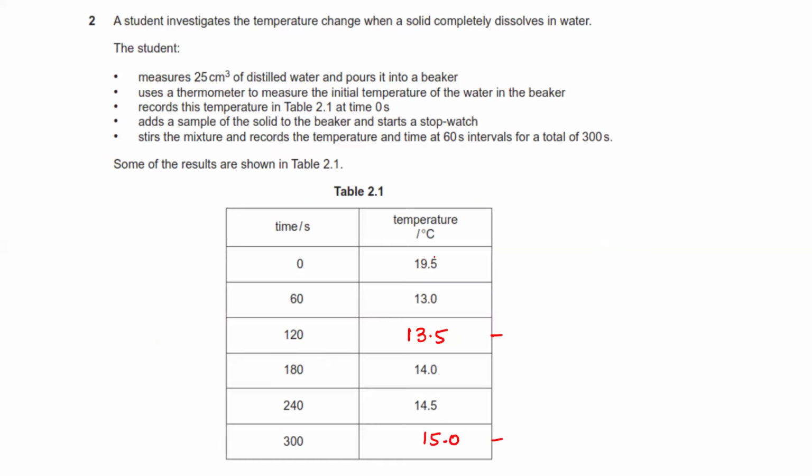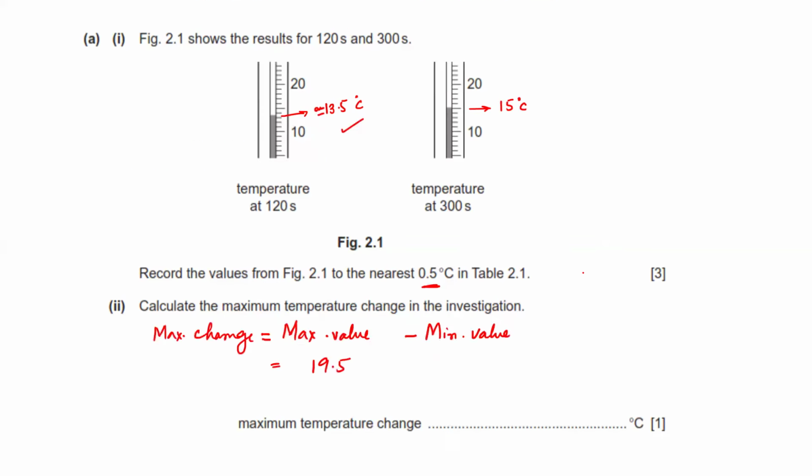So this is our max value, and the minimum value is this. This is our min value. Okay, so the maximum value is 19.5, and the minimum value is 13.0. The answer will be 6.5 degrees C. So it will be 6.5.